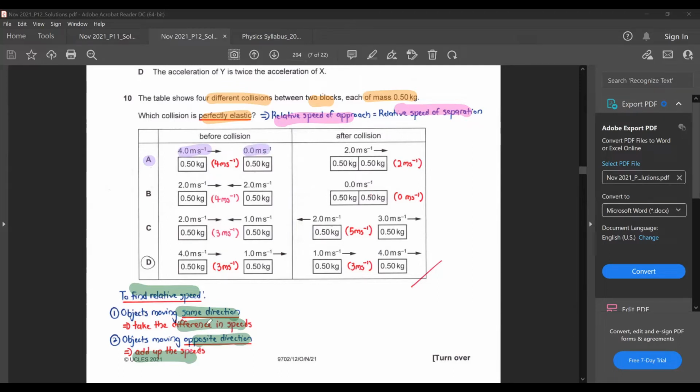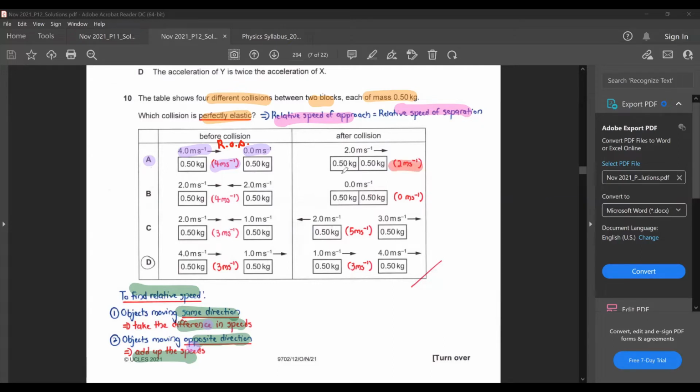It doesn't matter whether I take the difference or add the speeds. It will just be 4 meters per second. This is my ROA, relative speed of approach, 4 meters per second. Now, after collision, both of them are moving with 2 meters per second.